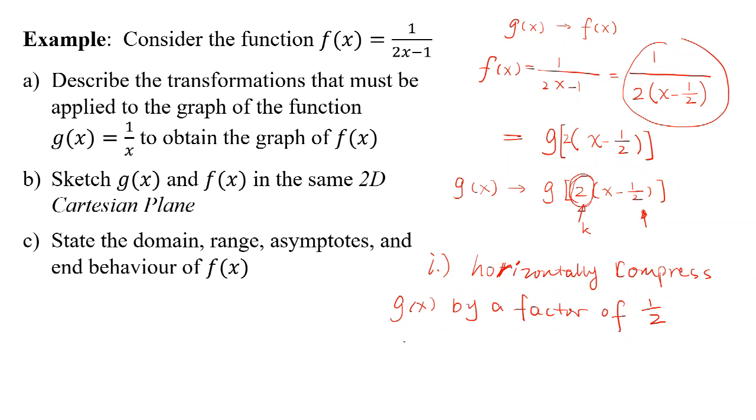And then the second transformation is to translate g(x) left or right. Because you have a minus 1 over 2 here, we need to translate horizontally to the right by 1 over 2 unit, right?